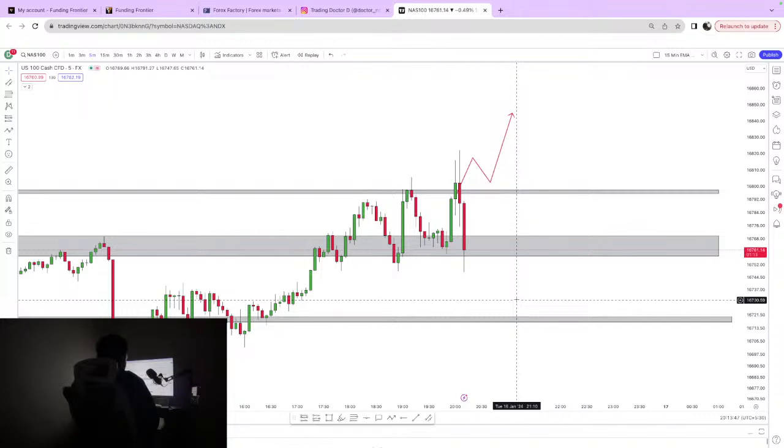So if we get any bullish engulfing candle at this level, now we can think of buying if it is a sufficient size candle, not too big.